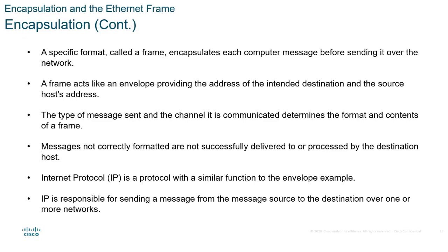It will contain the destination address, the destination IP address, and the destination MAC address. That is the address that the message is targeted at. It contains other pieces of information like FCS, frame check sequence.